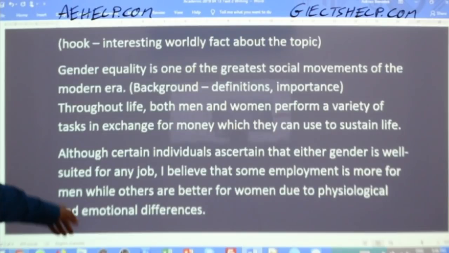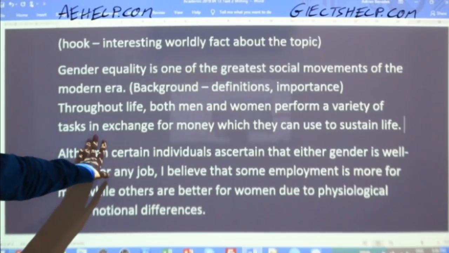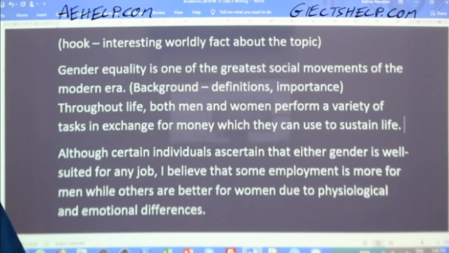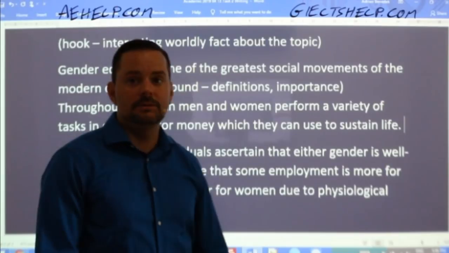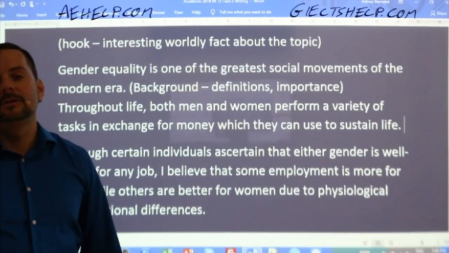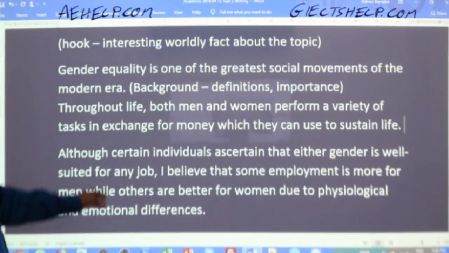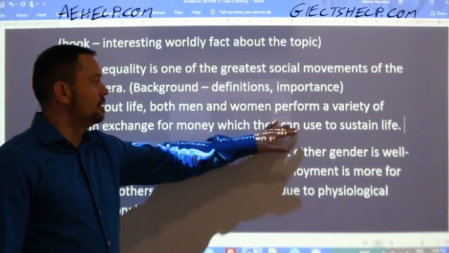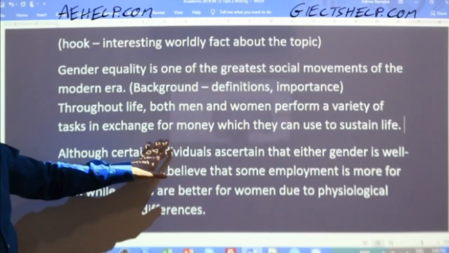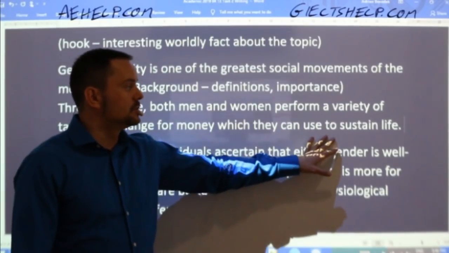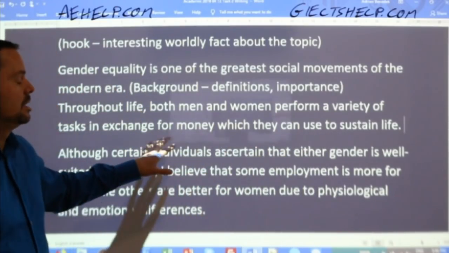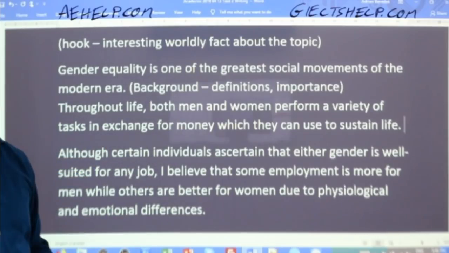Is that what we're talking about? Yeah, that's what we're talking about. Okay? We're talking about men and women doing jobs, right? Why? To get money. Why? So they can live, purchase goods and services. Okay? So throughout life, both men and women perform a variety of tasks in exchange for money, which they can use to sustain life. Okay?